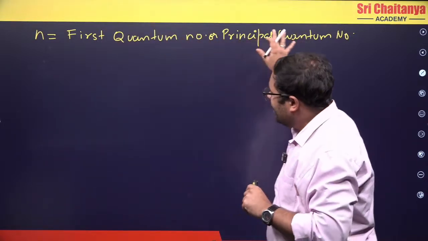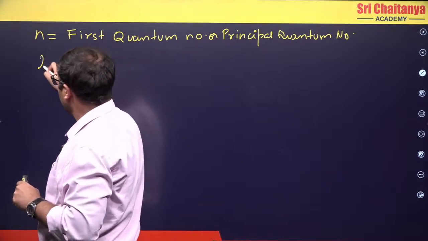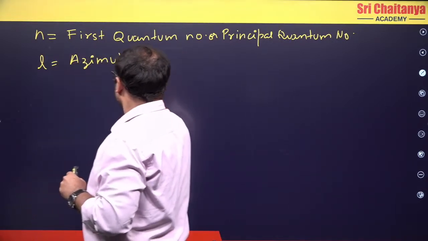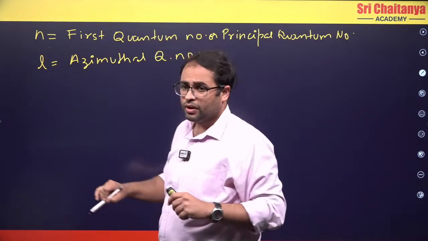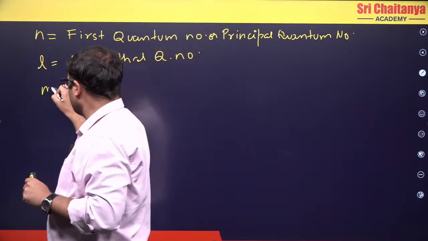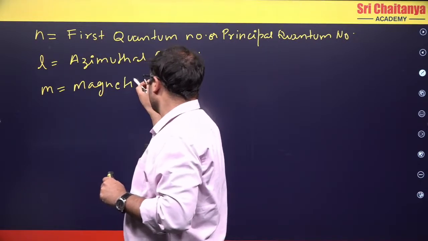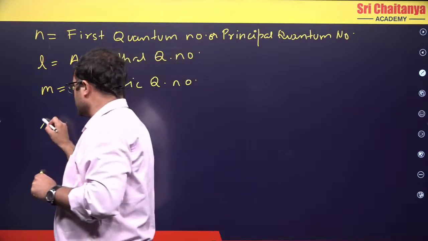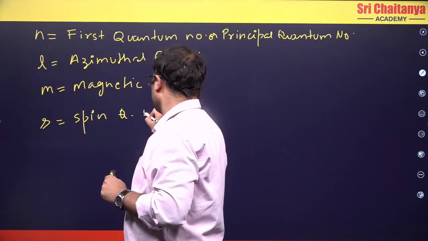Now, like n, there are some more quantum numbers: l, which is called the azimuthal quantum number, m, which is called the magnetic quantum number, and s, which is called the spin quantum number.